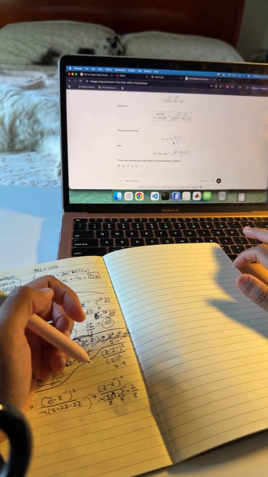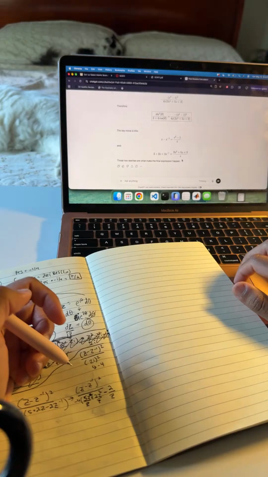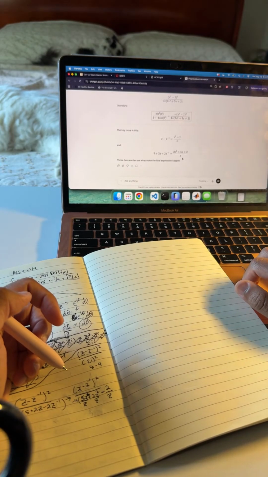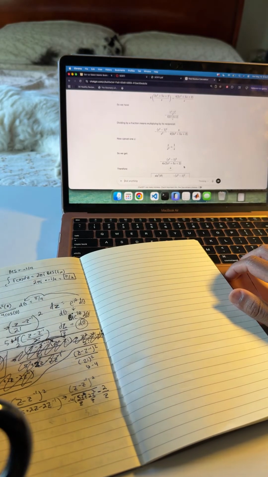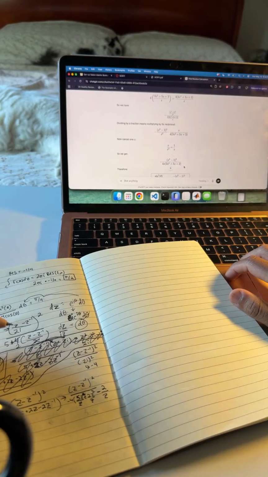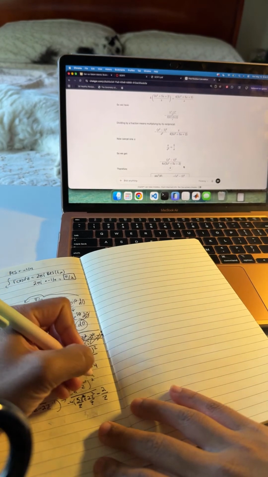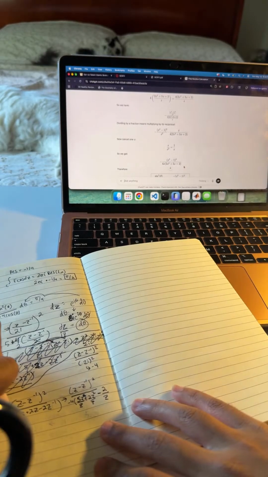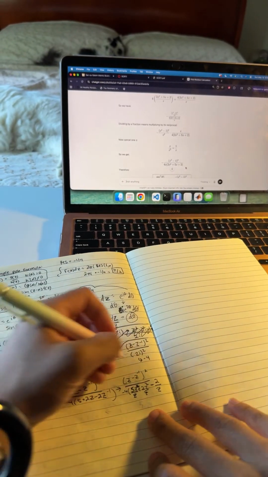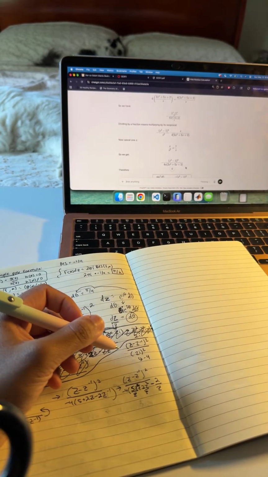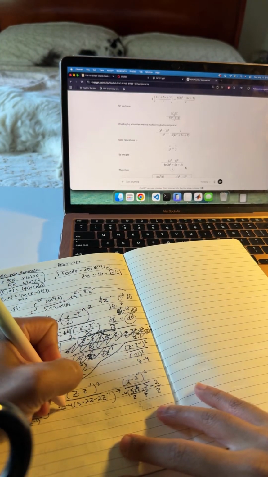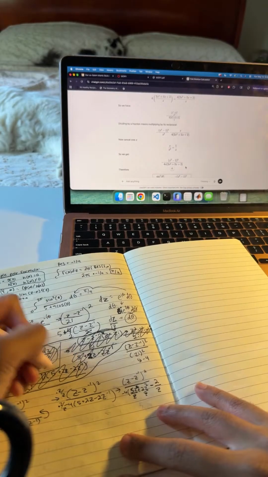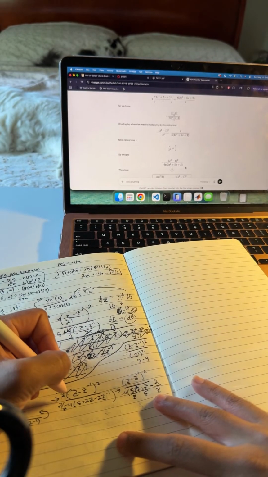And then once we have all that, we also multiply the numerator by z over z, right? Because if we multiply the bottom by z over z, the top has to also be multiplied by z over z, which then gives us z squared over z here.